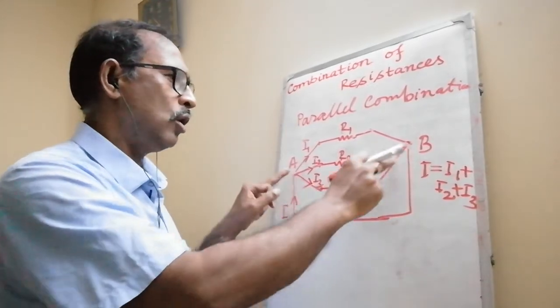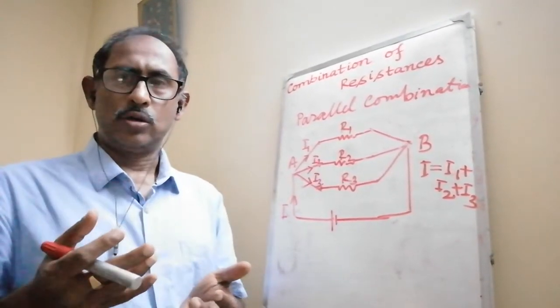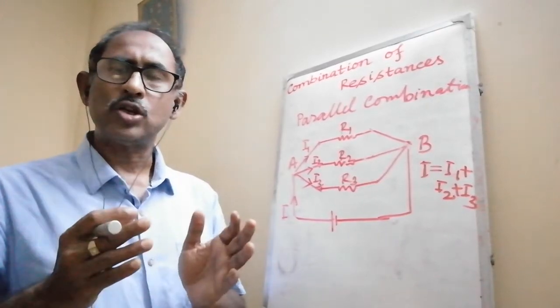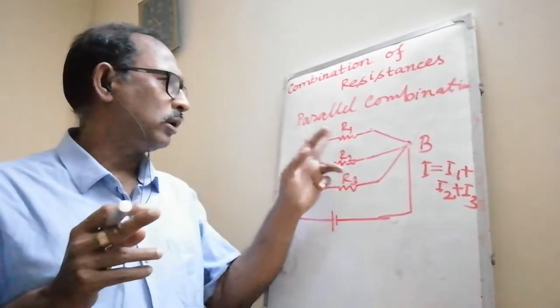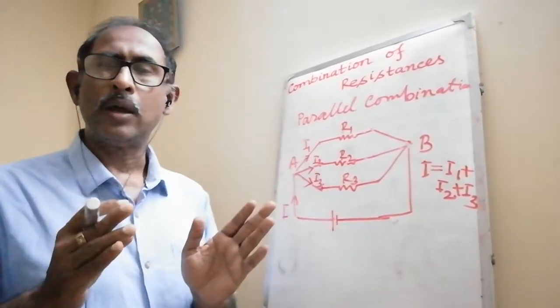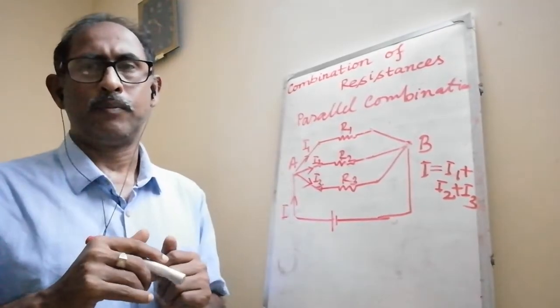Third also connected with the cell directly. As all the resistors are connected to the cell directly, all the resistors have the same potential difference across them.